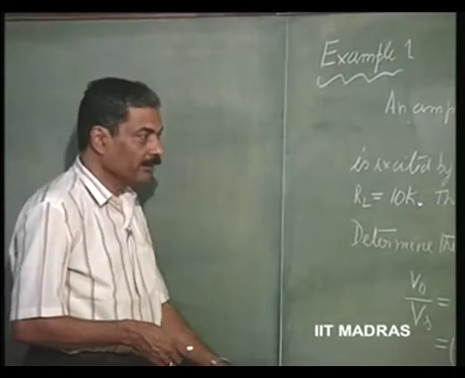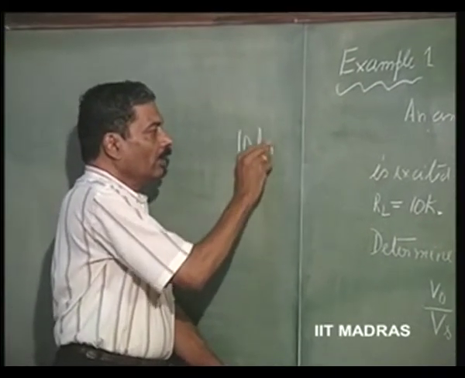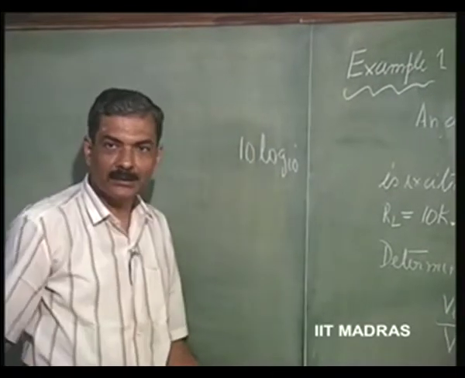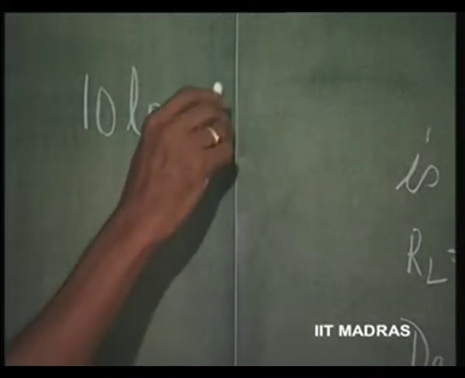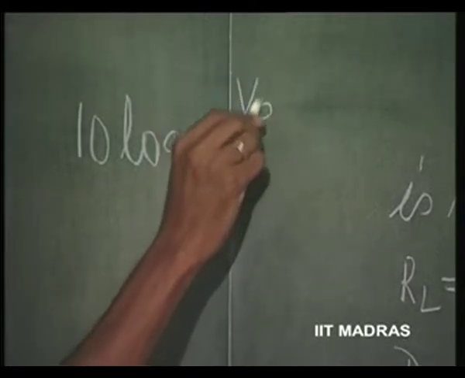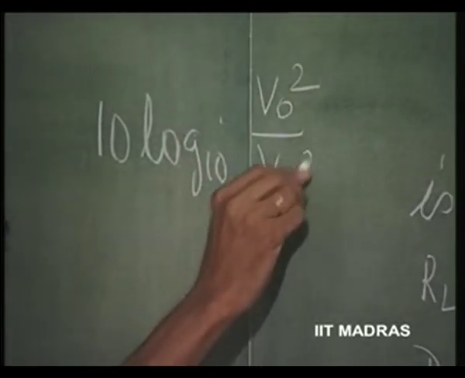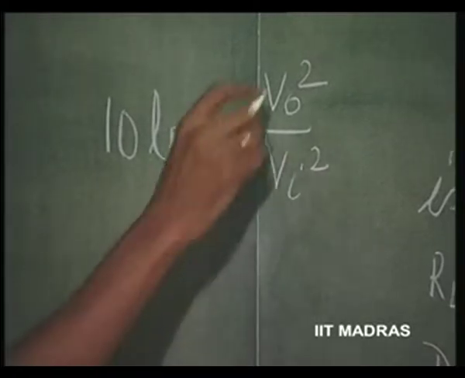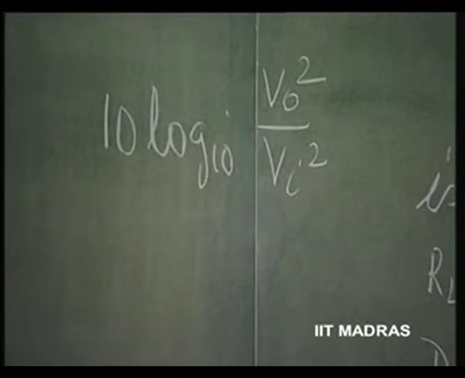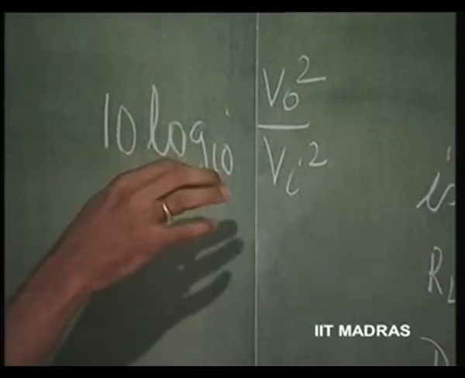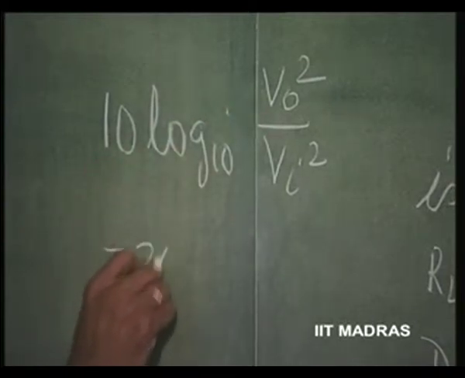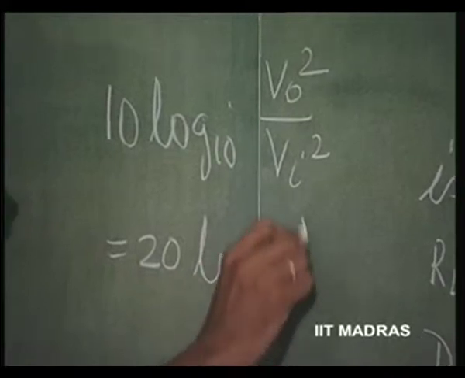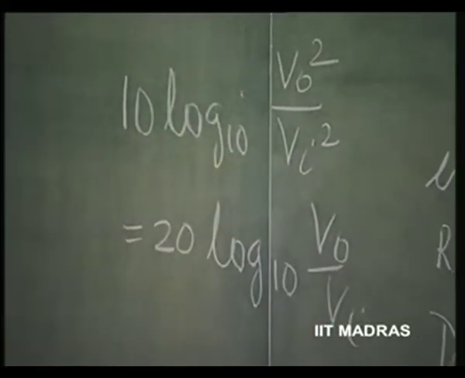We have defined 10 log to the base 10 of power ratio as decibels, whereas if it is voltage ratio, V naught squared divided by, let us say, RL, Vi squared by Ri, RL and Ri being equal to the same value, that is the definition of voltage ratio, in which case this becomes equal to 20 log to the base 10 of voltage ratio, or it can be put in the current ratio also.